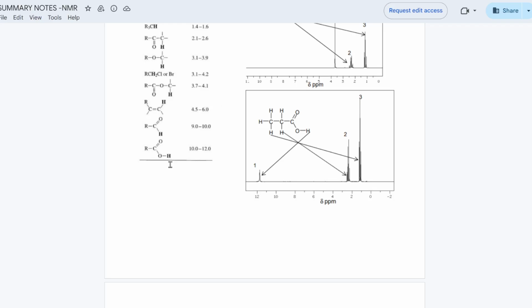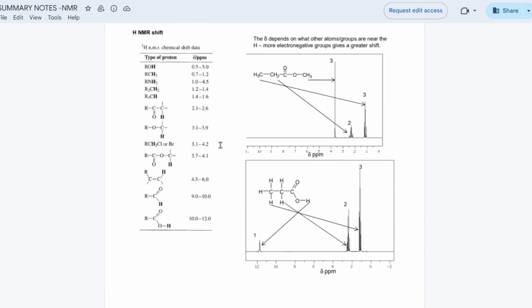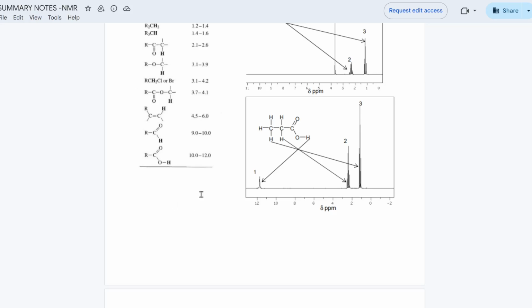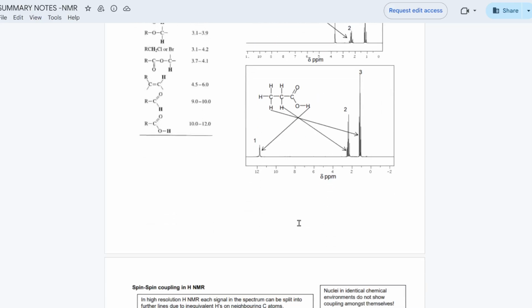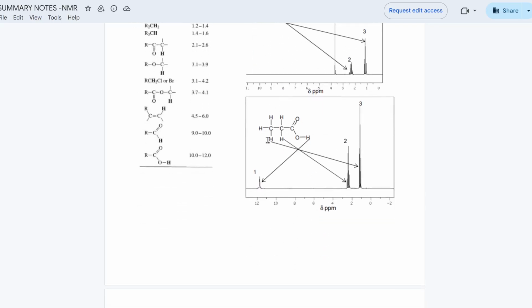We can see something similar here. 10 to 12 is the range expected, and that's exactly where it is on the carboxylic acid. And these two make sense as well. This one's going to have more shift because it's bonded to the carbon which is bonded to both oxygens. This one's going to be further left because it's bonded to the carbon one further away.